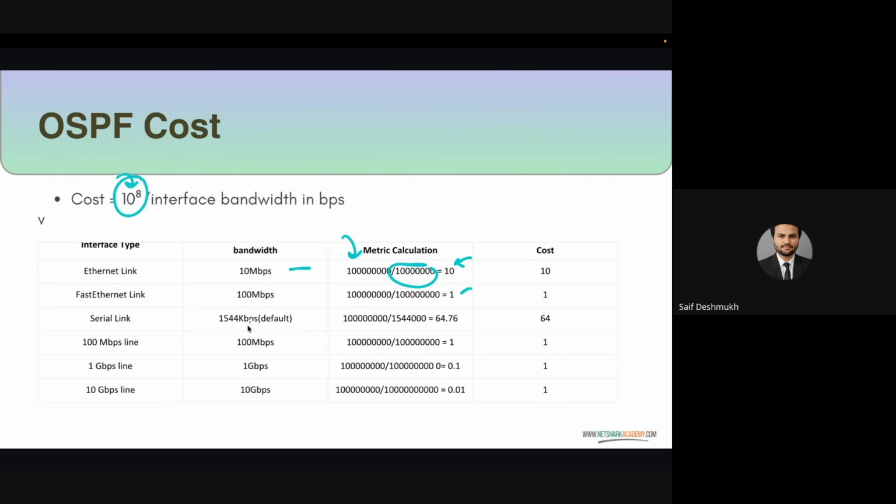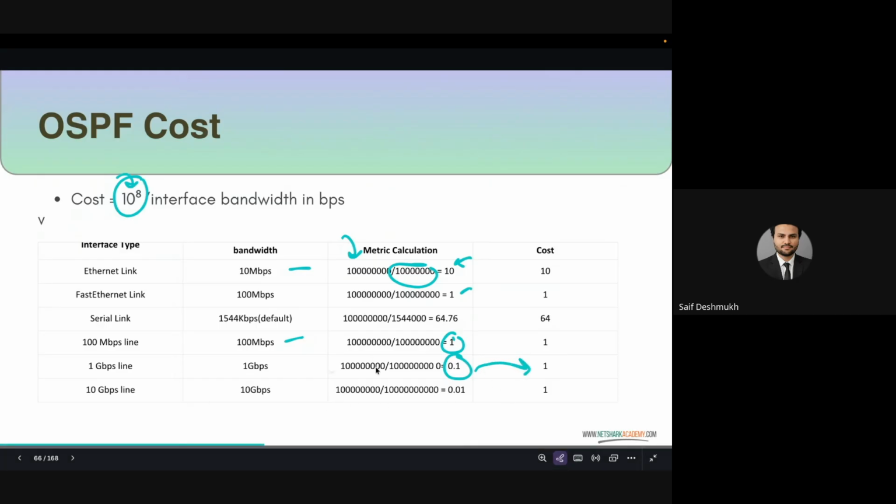Let's skip to Ethernet: 100 Mbps, 1 Gbps. We can't use fractional values, so it comes down to 1 again. 10 Gbps, 1.